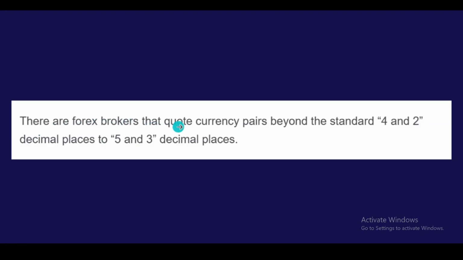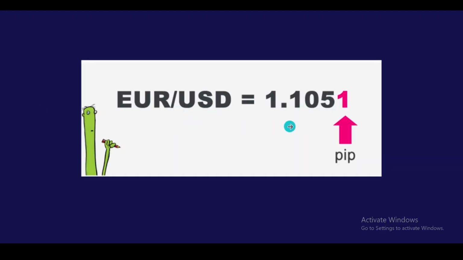There are brokers that quote currency pairs beyond the standard 4 and 2 decimal places. If you go on your chart, you see that the standard is not what brokers are quoting. The standard is supposed to be 4 decimal places, like what I just showed you here: 1, 2, 3, 4.